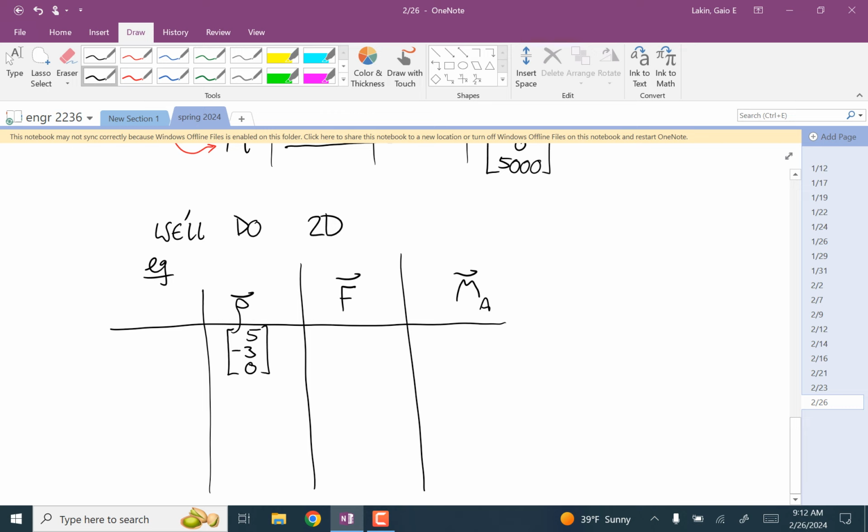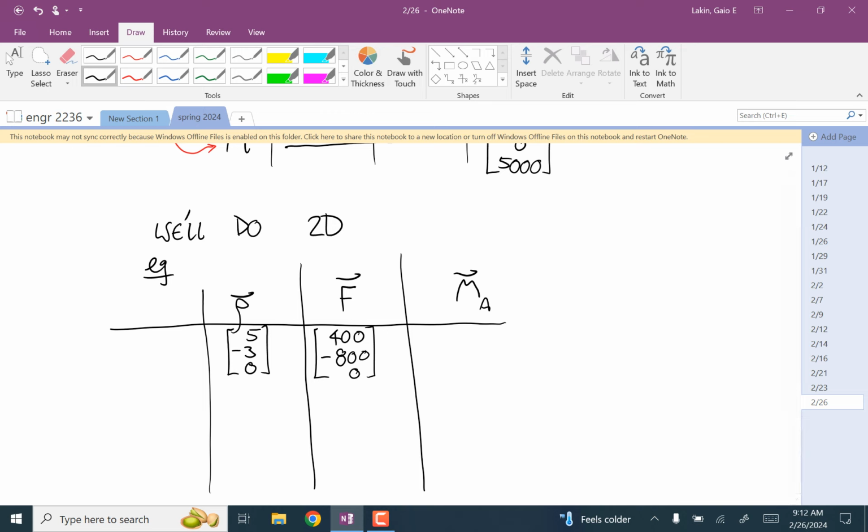Your force vector could be 400, negative 800, 0. Then your cross product, if you're in 2 dimensions, the moment never has anything except a z component.